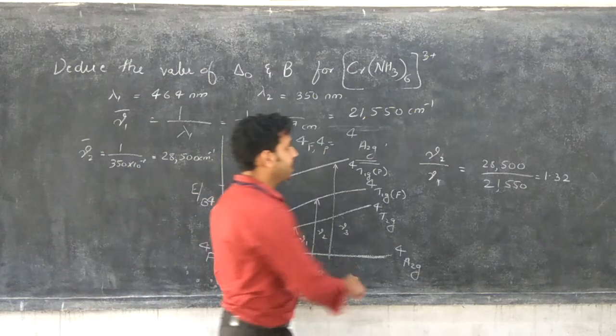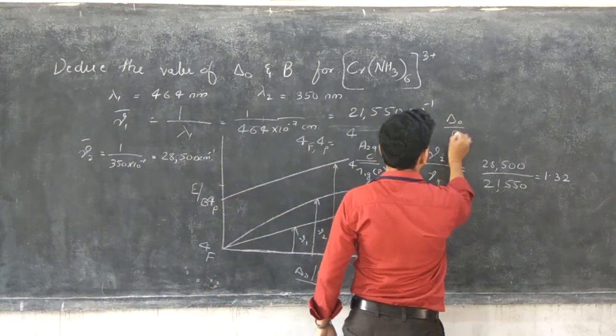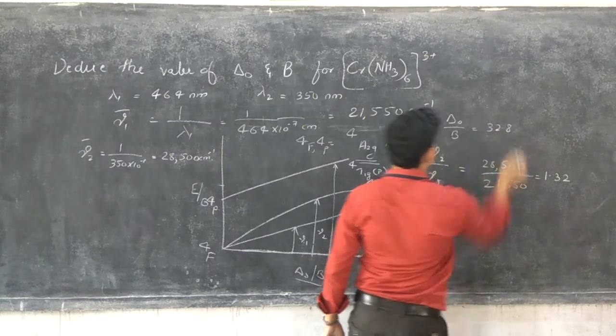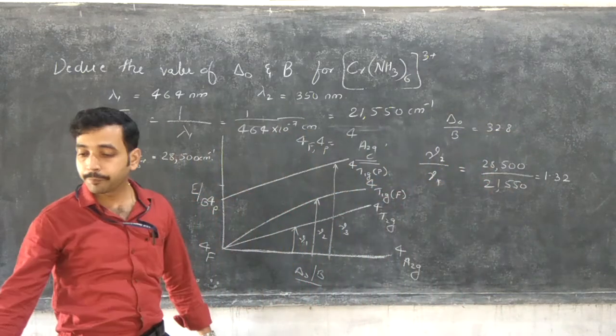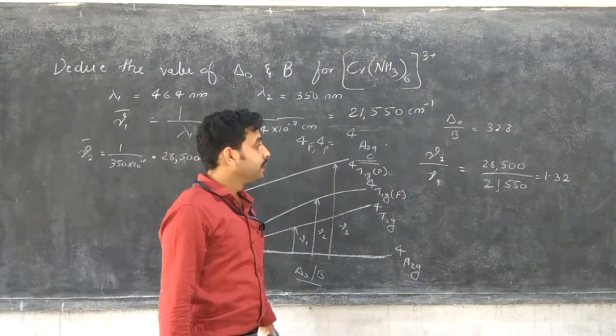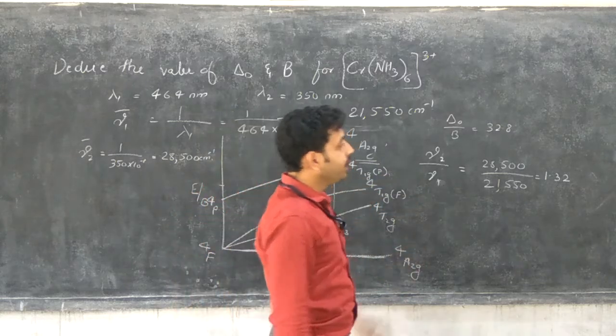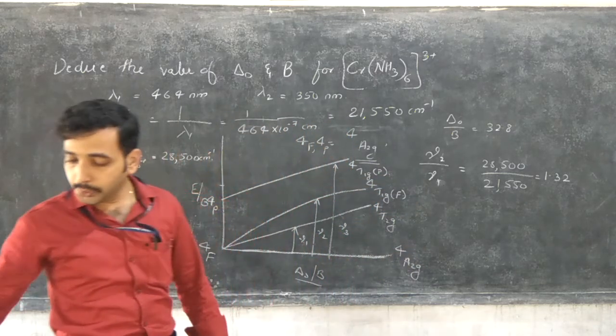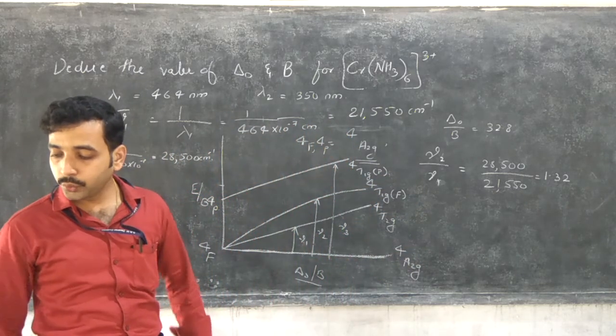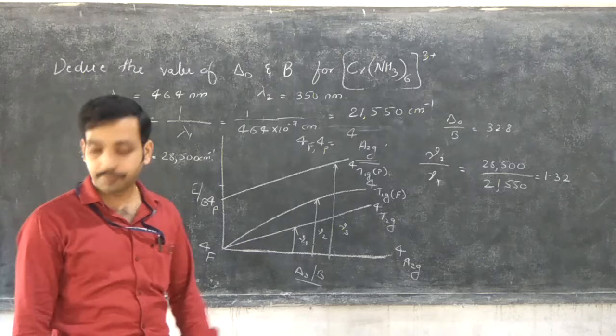So in this case the delta naught by B is 32.8, and nu 2 by nu 1 is equal to 1.32.